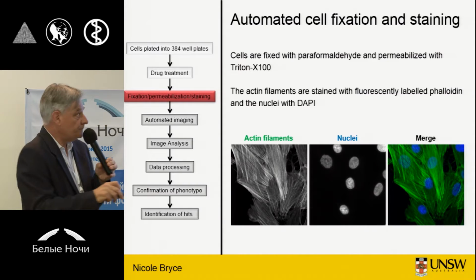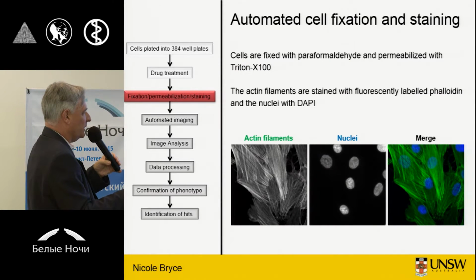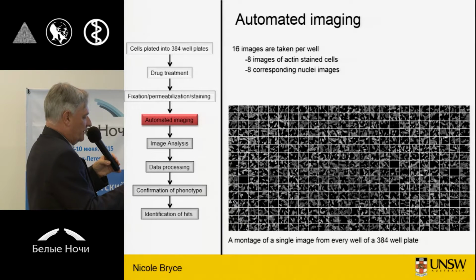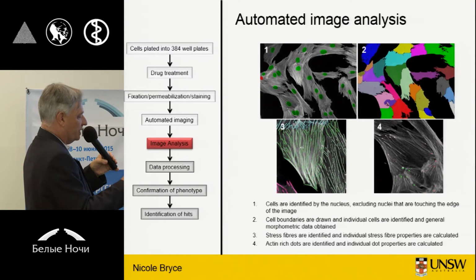What you find is that you can take photos of the actin cytoskeleton in each well, and also a photo using DAPI, of the nuclei. And you take 8 images of cells from every well, and you then do the high content analysis.